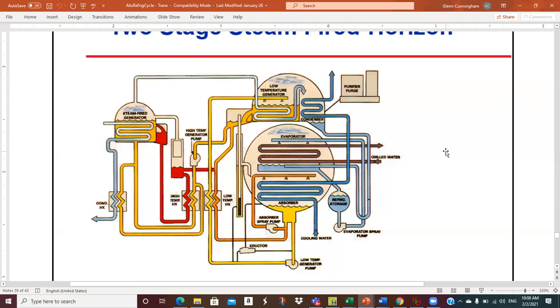So, I don't expect you to have complete understanding of all of these flows, but I wanted you to realize that there is a two-stage machine. And in fact, years ago, we had a guy that taught for a couple of years at Tennessee Tech, David Ivester. David Ivester had gotten his PhD at University of Tennessee and done his research at Oak Ridge.